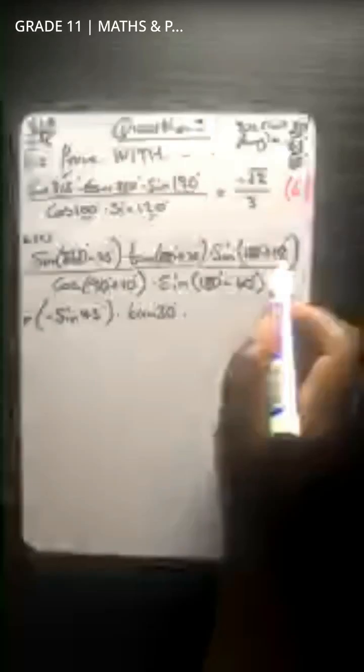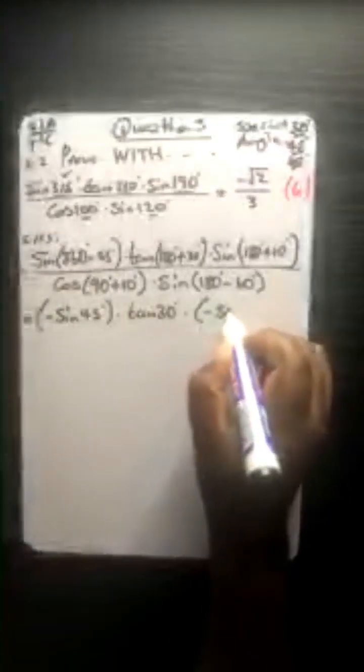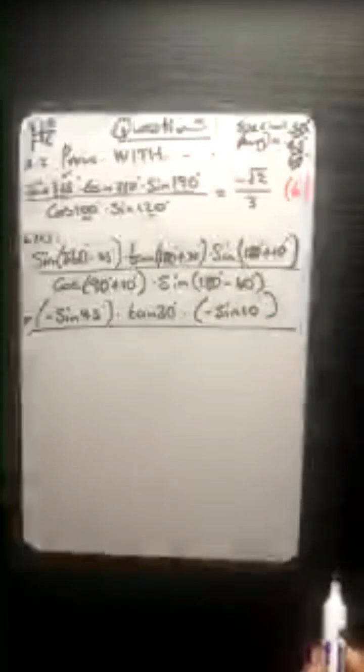So you don't need to put it inside the bracket. Now sine of 180 plus takes you into the third quadrant, and in that third quadrant sine is negative. That is why inside the brackets you can say negative sine of 10.